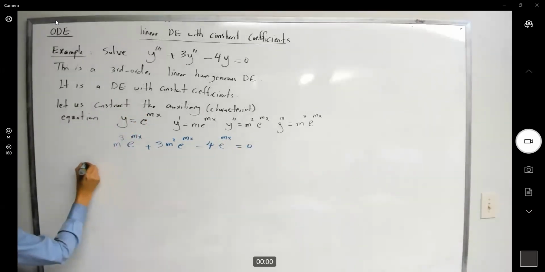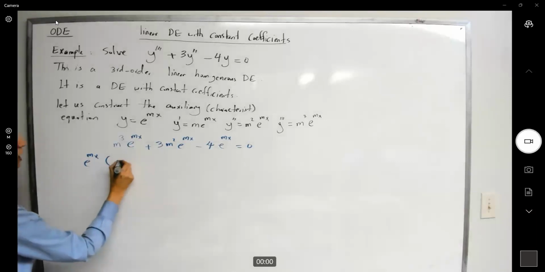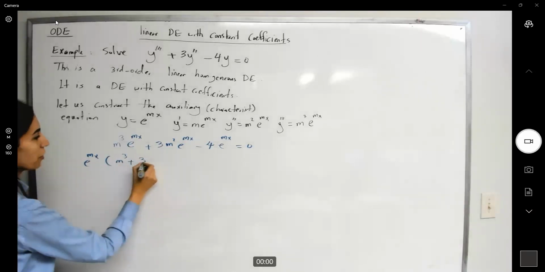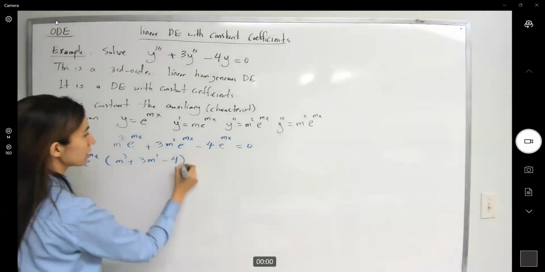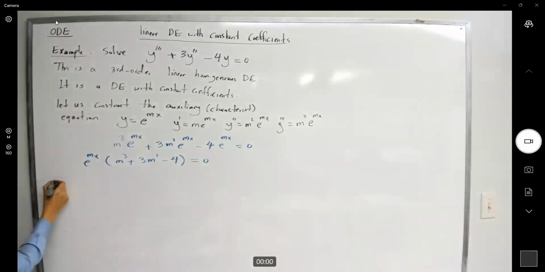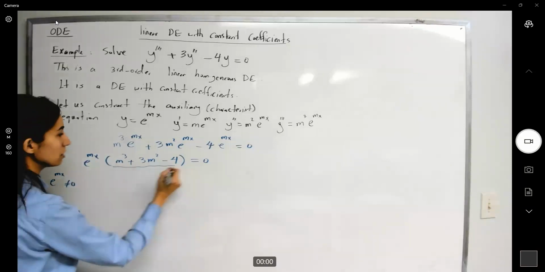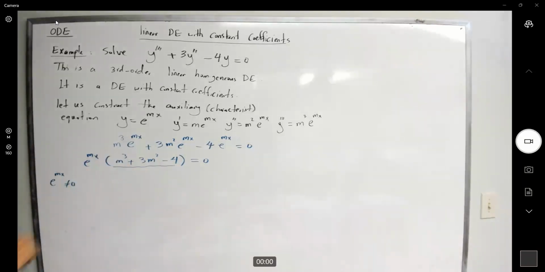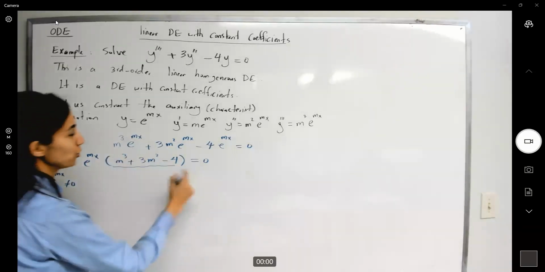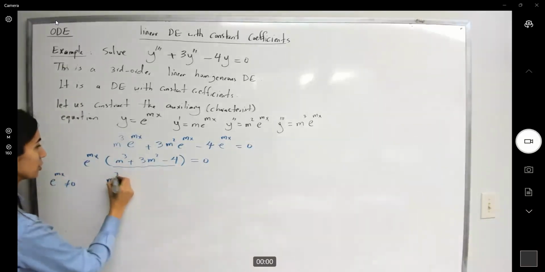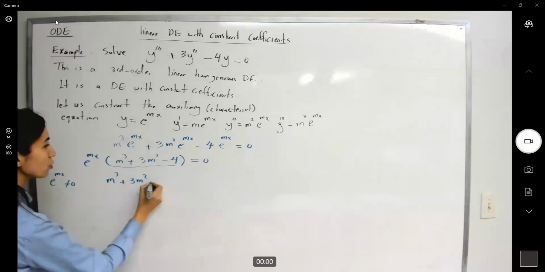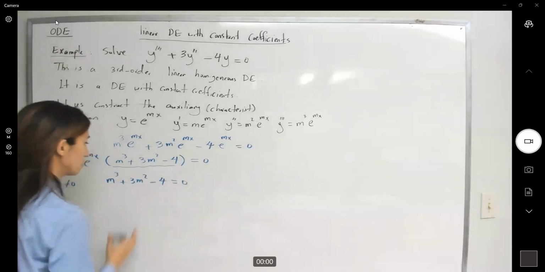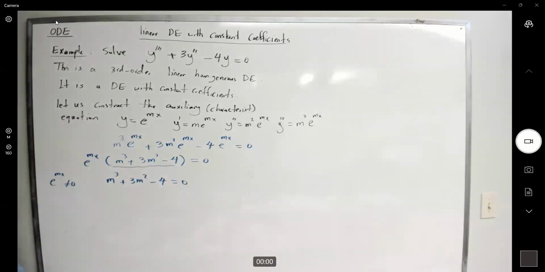If you factor out e to mx, you're left with m cubed plus 3 m squared minus 4 equal to 0. And e to mx is not 0, so this equation of degree 3 is equal to 0. What's the solution or solutions for this equation?